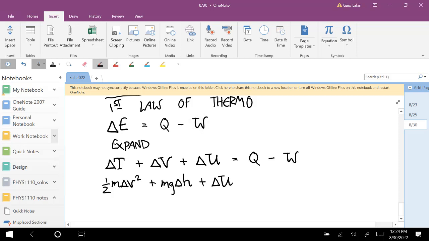Plus the change in internal energy is equal to Q minus W. And actually, don't write the W like that. Let's write it as minus W that's not due to expansion minus the integral of PdV. That's about expanded as much as we can for now.